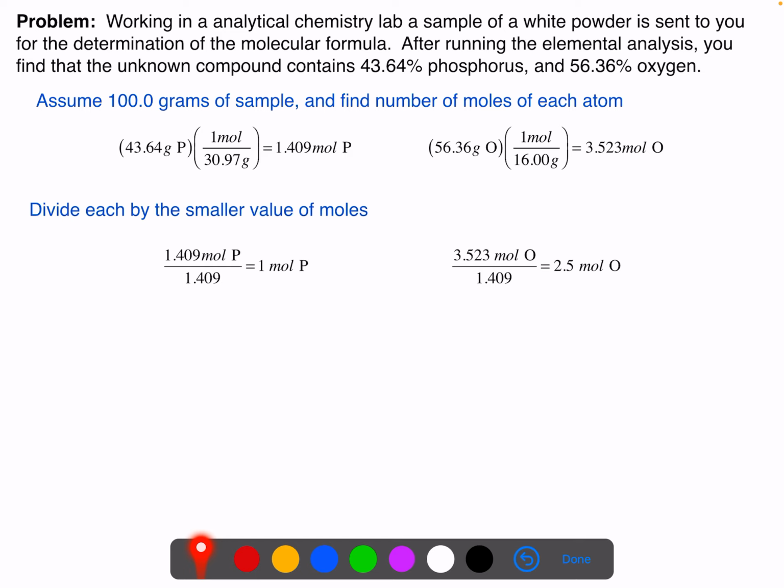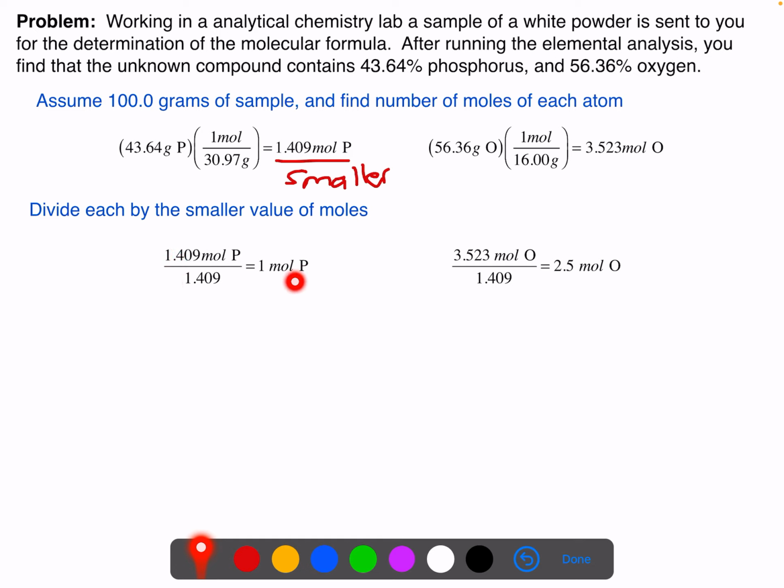In the next step, we're going to divide everything by whichever is the smaller number of moles. Because this is smaller, we're going to take 1.409 divided by 1.409. And we're trying to get whole number ratios of moles.